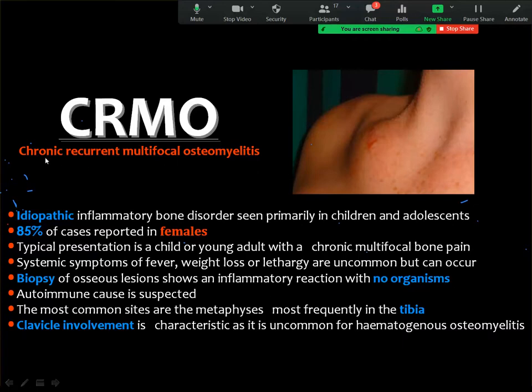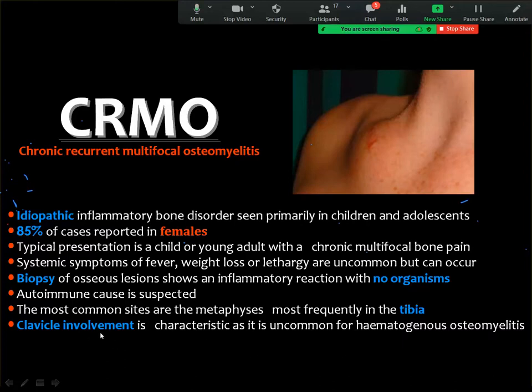And you know that this is chronic, recurrent, multifocal, so that it can come back, and there are no signs or symptoms of significant infection. But sometimes you get mild fever and weight loss, and the most common site is the tibia, and the clavicle is usually involved.